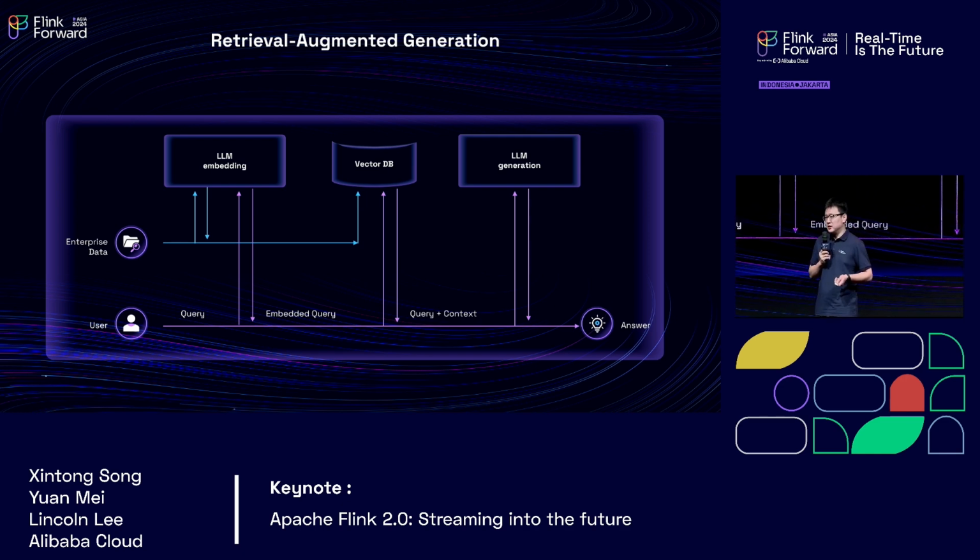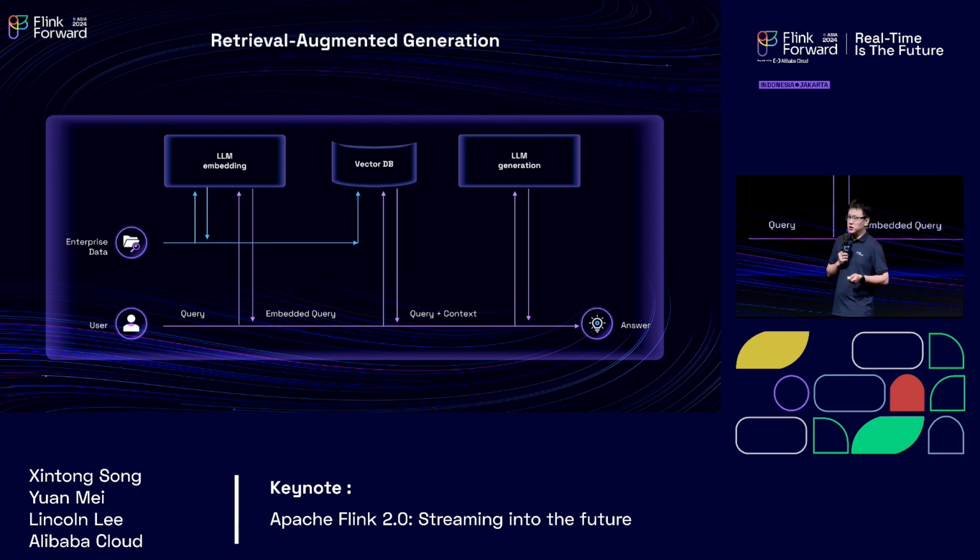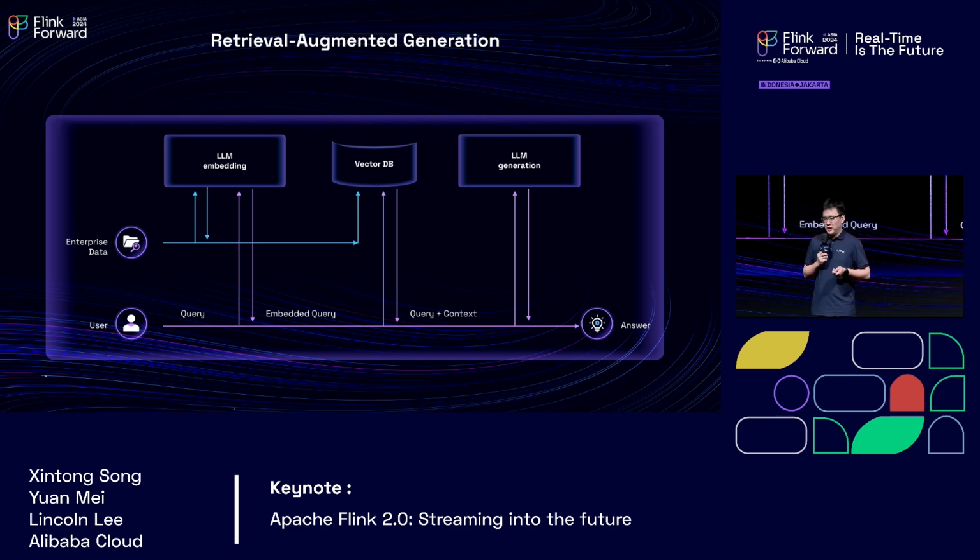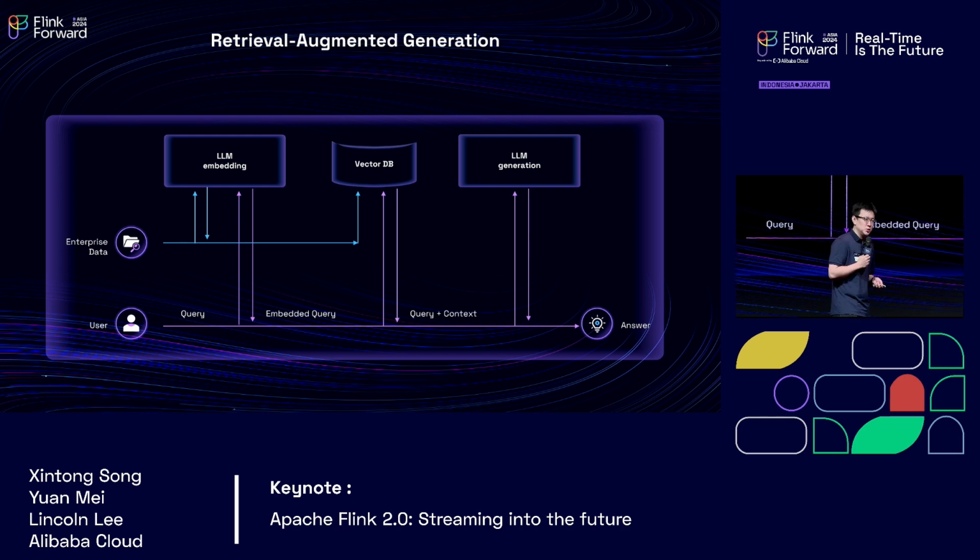And in the second step, when the user query has arrived, we do the same embedding for this query to generate a vector, and we use that vector to search in the vector DB for the most related contents. And then we provide the query and the context together to the large language model for the content generation.